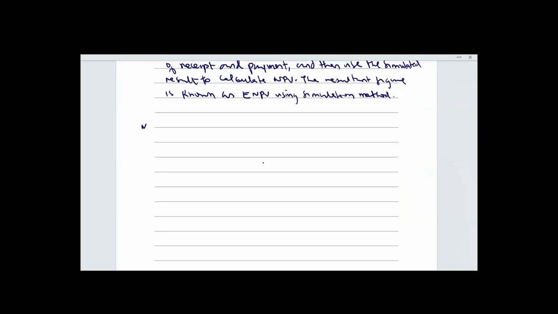Whatever you have thereafter represents the expected NPV using the simulation method. Now, to simulate, this is the format you are going to use anytime you want to simulate for each variable.